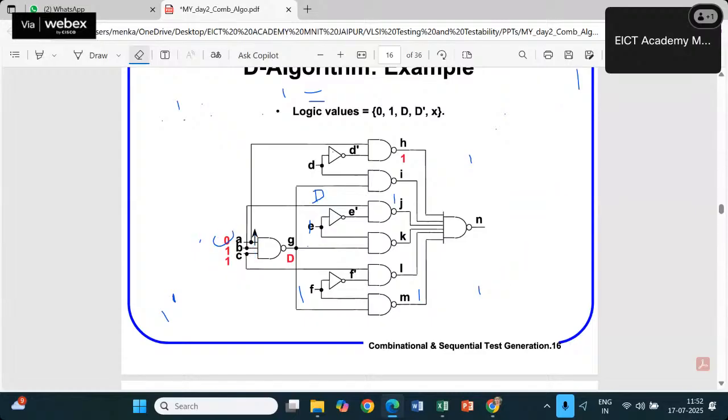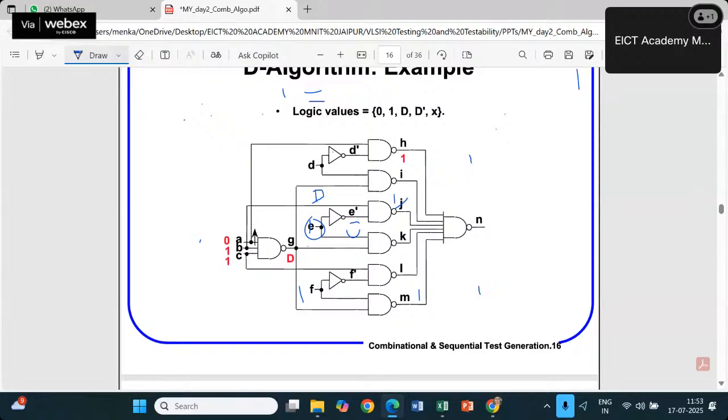So setting those values is forcing me to apply these intermediate values. For example, this is 1, it means E-bar is 0. That was the internal branch, right? And this was the primary input. So here I am trying to have a goal by backtracing to intermediate inputs also. That is the problem with the D algorithm.